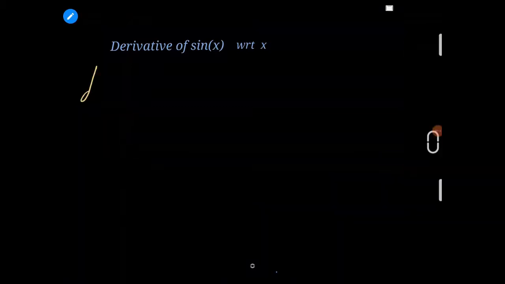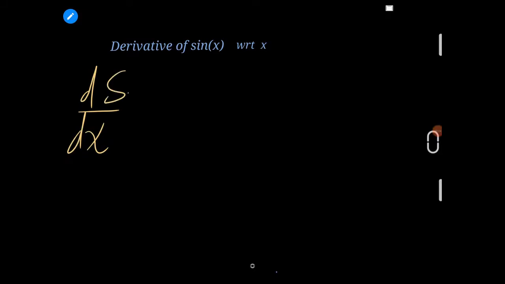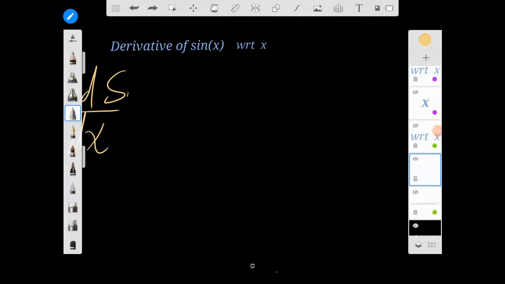So using the formula, it is d by dx, because it's with respect to x. So d by dx of sine of x. By the way, always remember that sine x is written in small letters. I keep forgetting that.